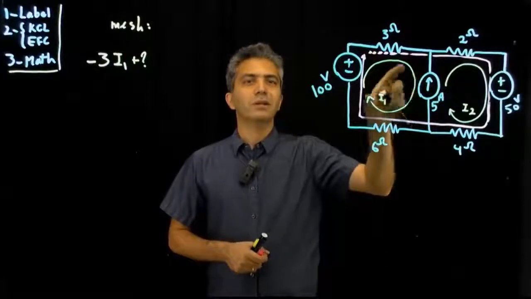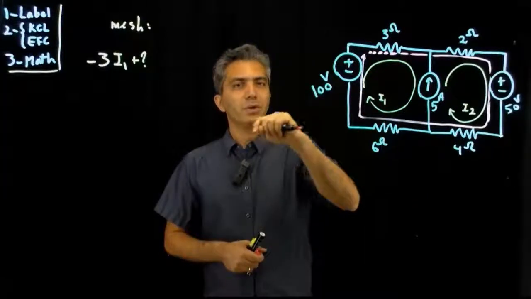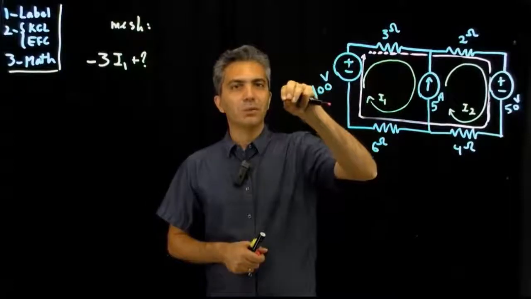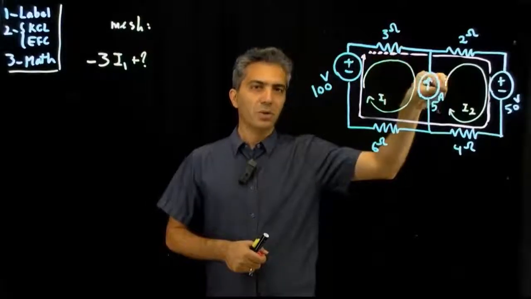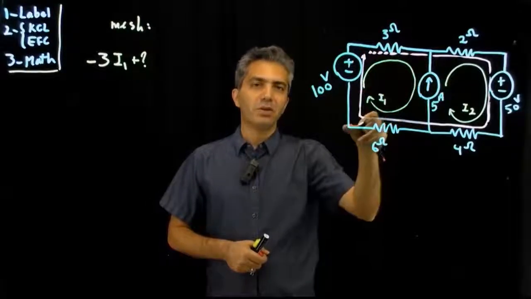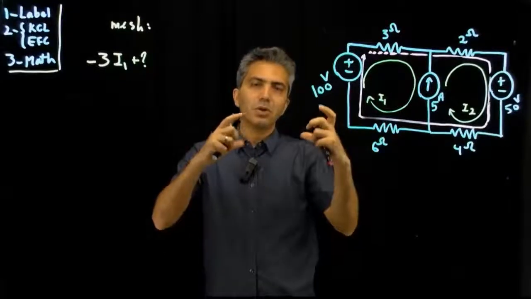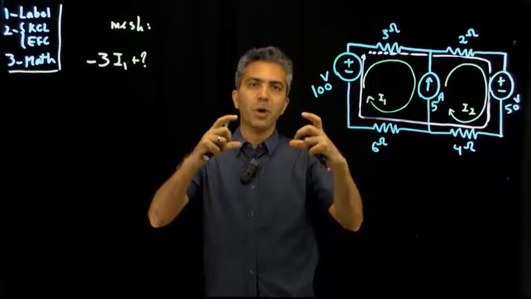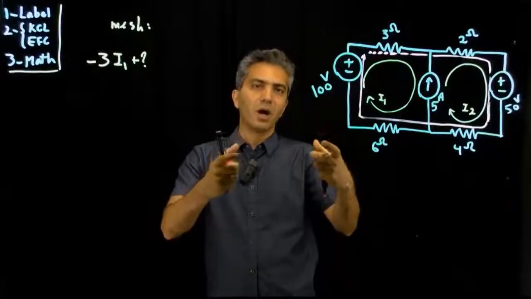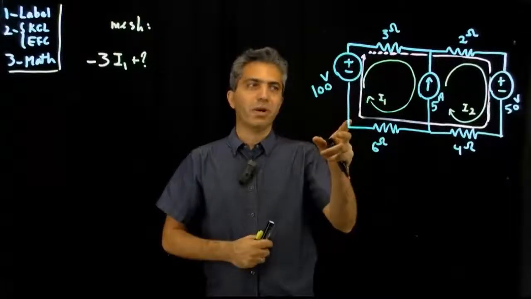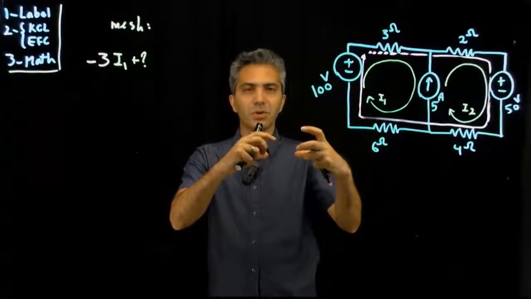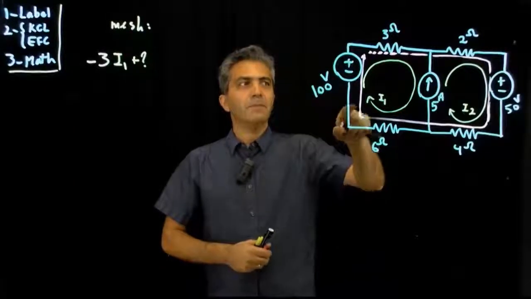So this is the equivalent of the super node. With the super node, we defined a node that included more than one node, and the motivation was to include the component with an unknown equation for current inside the super node so that I don't have to deal with it.